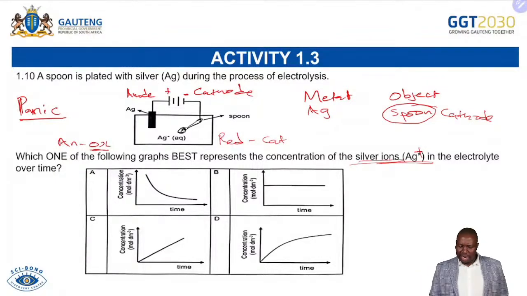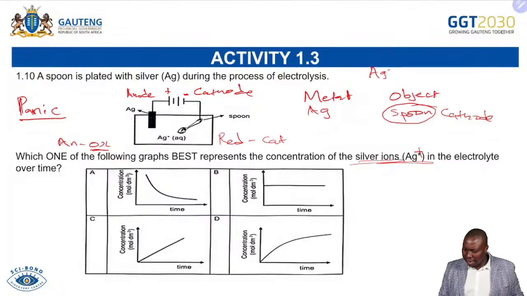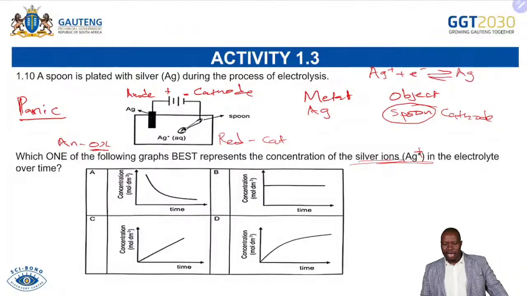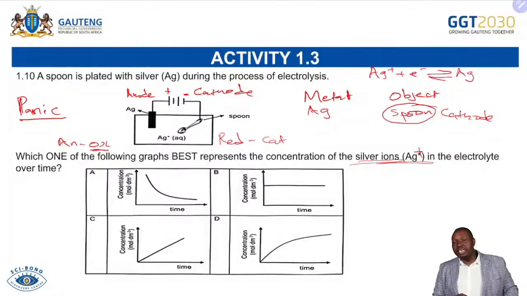So you are able to see that during this process, it is the metal that is involved in the reaction. If you go to your table, either table 4a or table 4b, you will find the reaction written as Ag+ plus an electron with double arrows to form Ag. When you reverse that reaction, that is the reaction at the anode. When you write the reaction going forward, that is the reaction at the cathode.